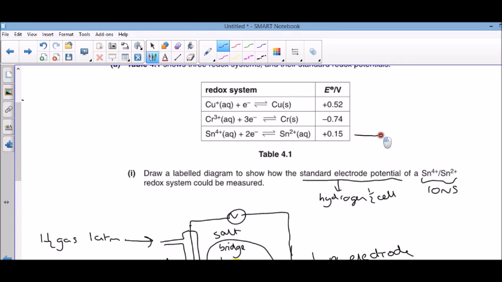So this one could go forwards and this one would go backwards, and that's our third and final one. Now we've got 3 electrons in this equation and 2 in this, so we're going to have to go to 6, which is the nearest common number. So we're going to do 2 times this equation and 3 times this equation.